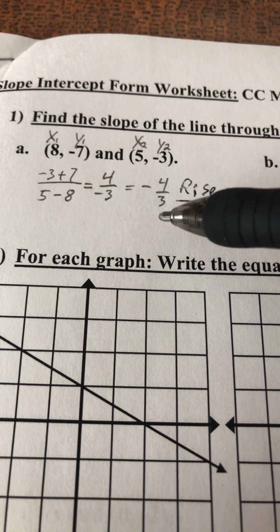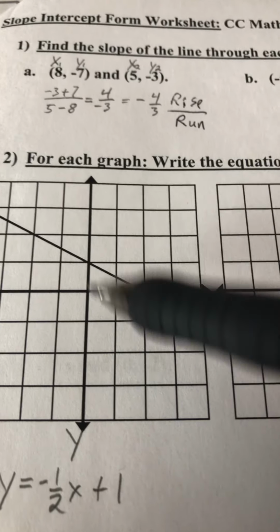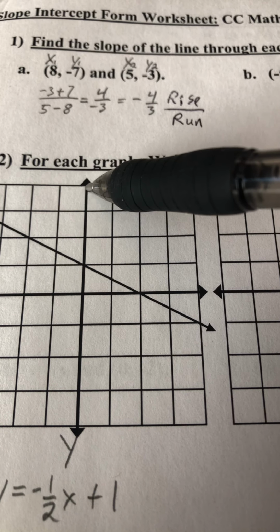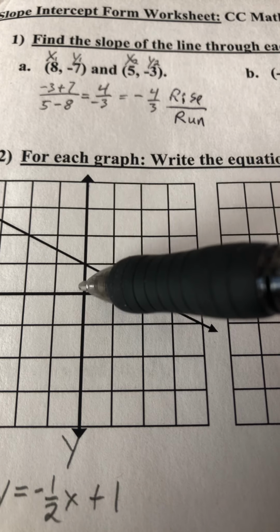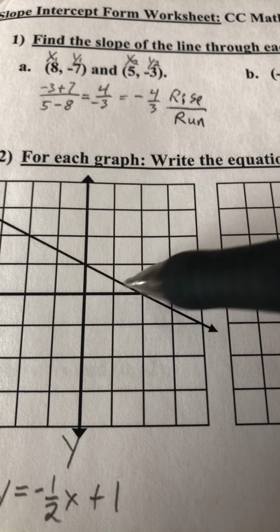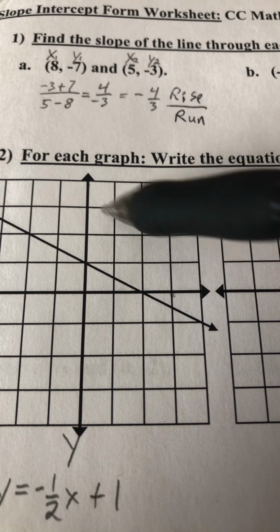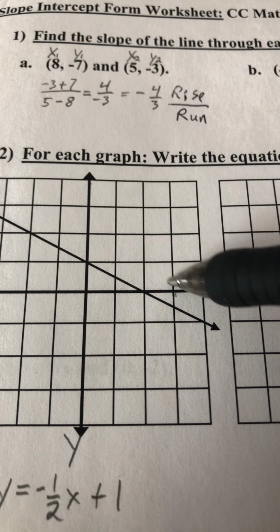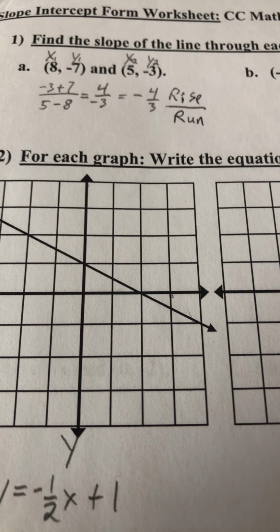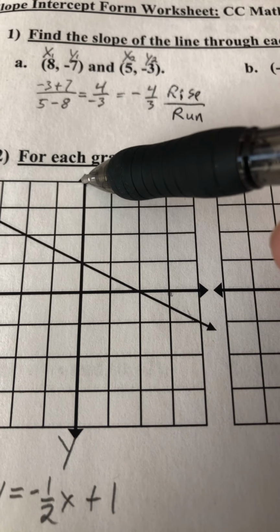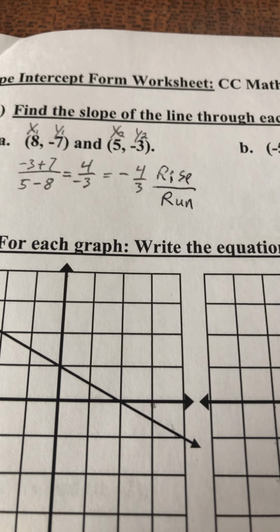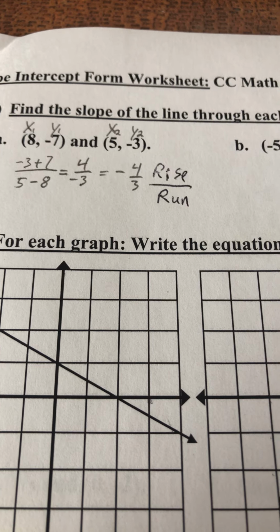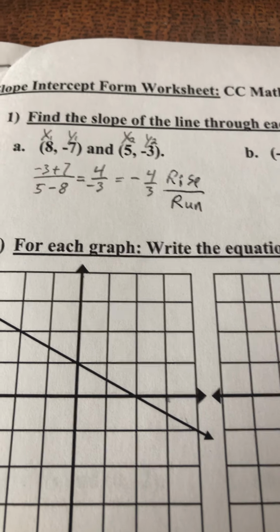If I was on this graph and say I had a point here, I would go down 4, 1, 2, 3, 4 over 3, 1, 2, 3. So this point to this point, and I would draw a line that would be, you know, if my y-intercept was +4. I don't have any y-intercept here or anything. I'm just finding the slope. So that's what that slope would look like.